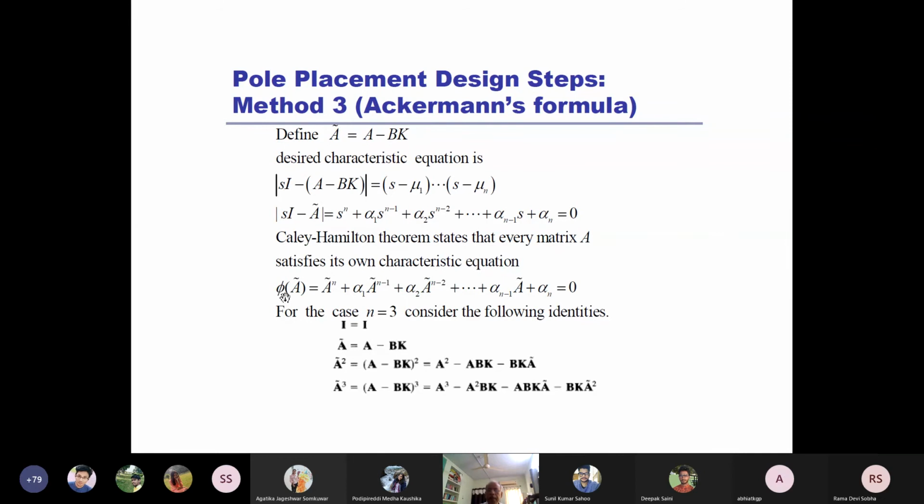So we can write phi of A hat as A hat^n plus alpha1 A hat^(n-1) and so on, because this is the characteristic equation. So I write in this form.